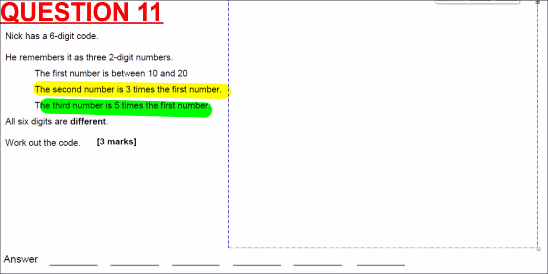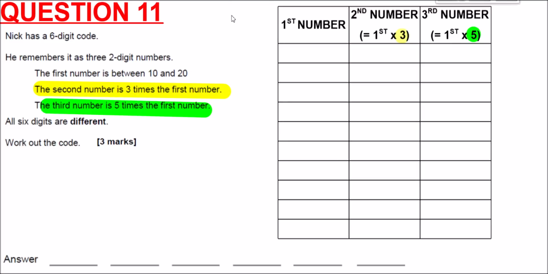And so what I'd suggest doing is a careful trial and improvement method, something along the lines of this, although not necessarily exactly the same. So we know that the first number is between 10 and 20, and so what we can do is just list down for the first number the different possible values of it.